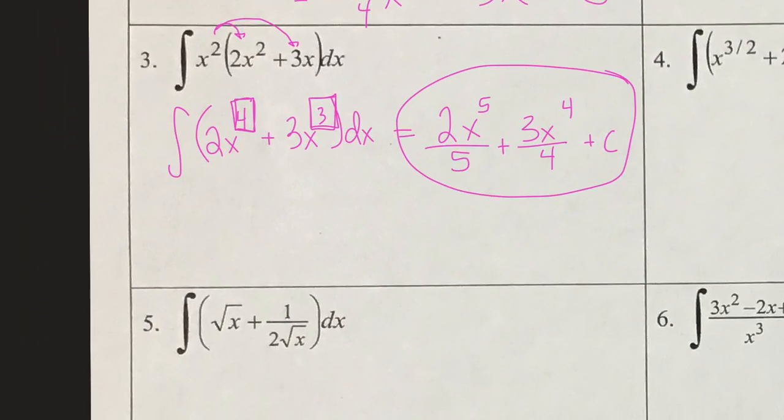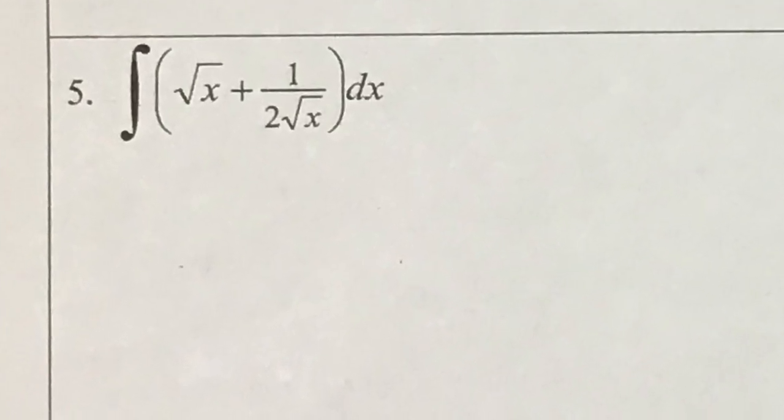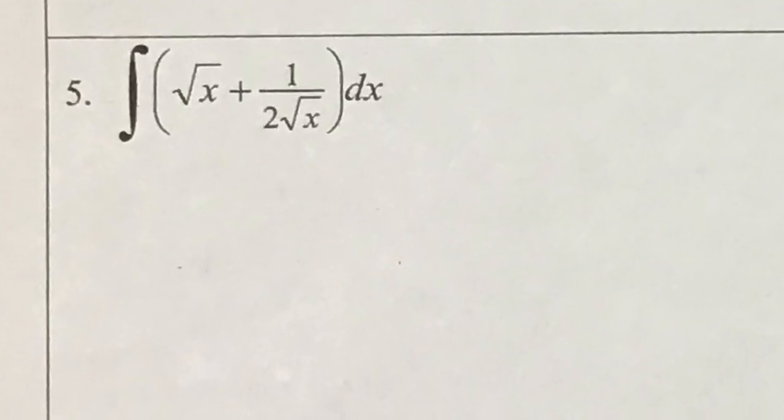So let's jump down here to number 5. This one looks like it can be more tricky-ish. And the more tricky-ish ones are the ones that we struggle with the most. So, more tricky-ish. Right, so the first thing we have to do is write these things as powers. Okay, so we need to change our radicals into powers so we can use the polynomial rule of anti-differentiation.